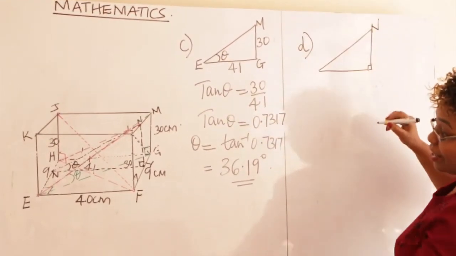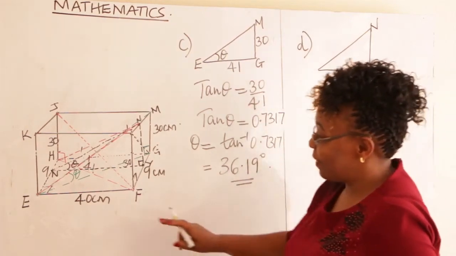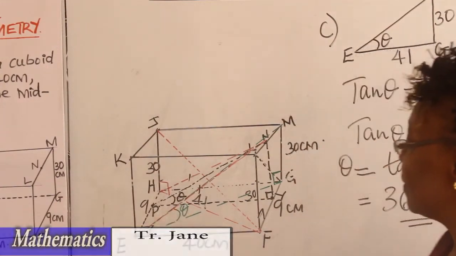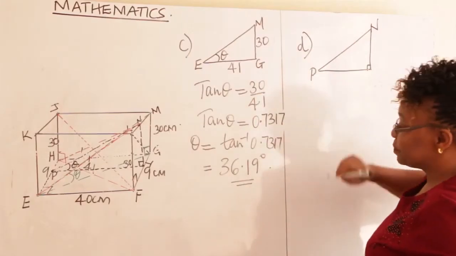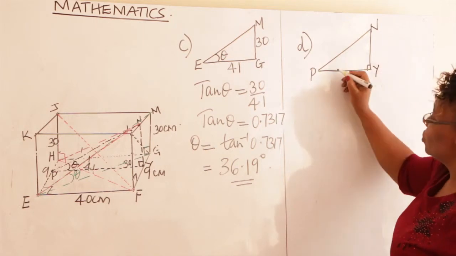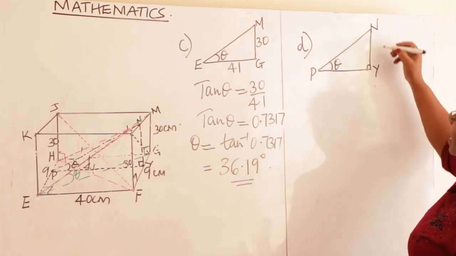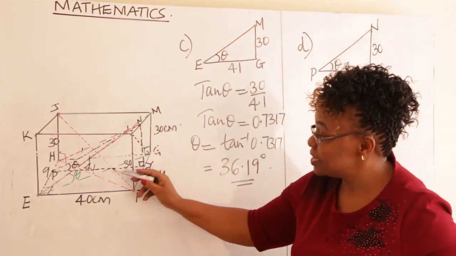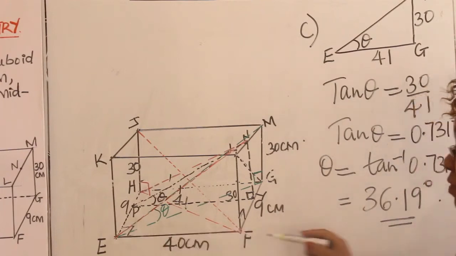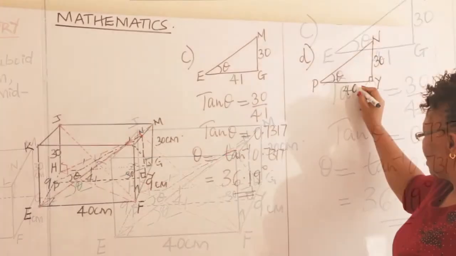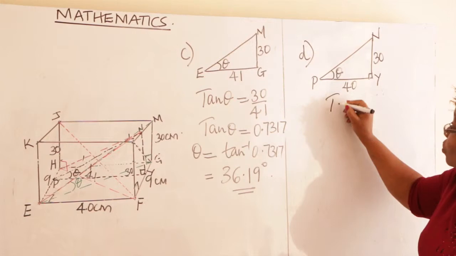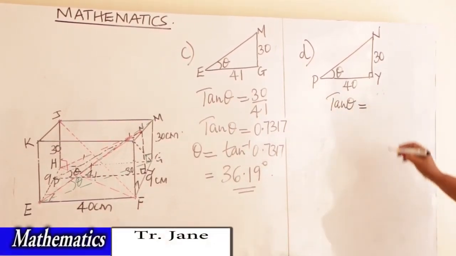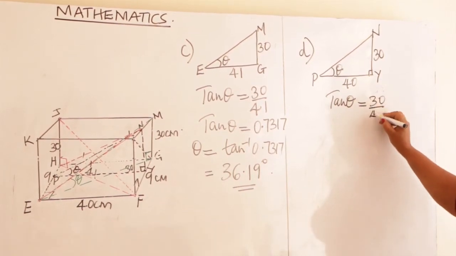Suppose we call this P. And this is Y. So, this is the angle that we want. This height here is 30, the height of the cuboid, and this length here is the length of the cuboid, 40. And so, how do you get theta? You talk of tan theta. Tan theta is opposite over adjacent.